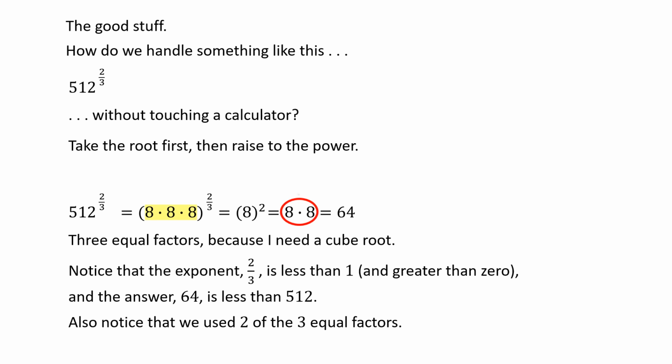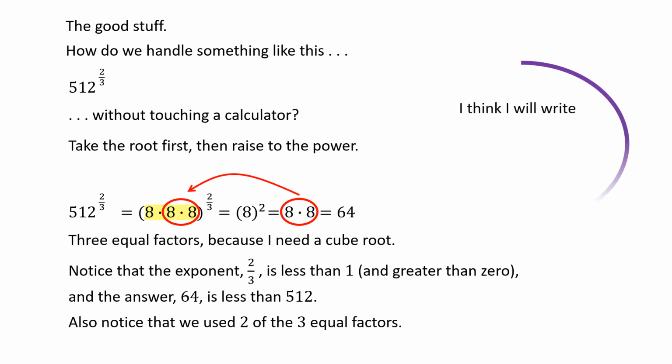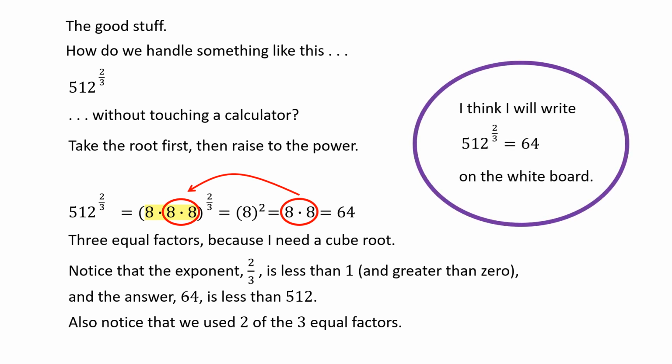And of course, I ended up using 2 of those 3 equal factors. That's what that exponent of 2/3 is telling me: use 3 equal factors to make the 512, use 2 of them to make that 64. And if you're in the classroom, I'm going to actually write this on the whiteboard because we're going to refer back to this example in just a few moments.